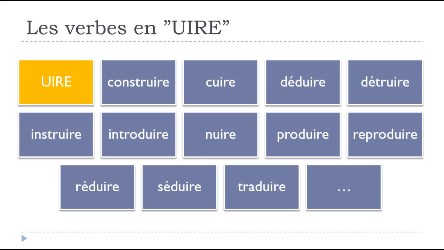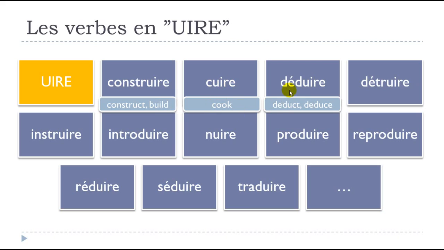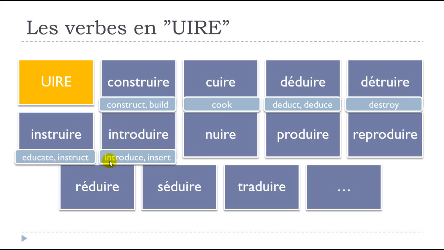I know that. And this is the reason why you will get them. So, construire means construct, build. Cuire, cook. Déduire, deduct, deduce. Détruire, destroy. Instruire, educate, instruct. Introduire, introduce, insert. Nuire, harm, damage.